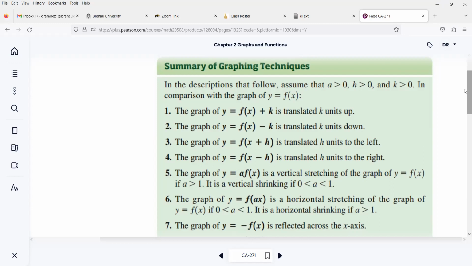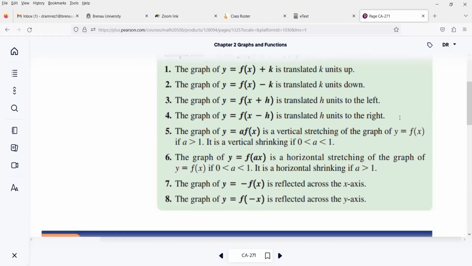And we did the stretchings and shrinkings. If you multiply f of x by a, then you're going to have a stretching or shrinking. So it's going to be a stretching if a is greater than 1, and a shrinking if a is between 0 and 1.